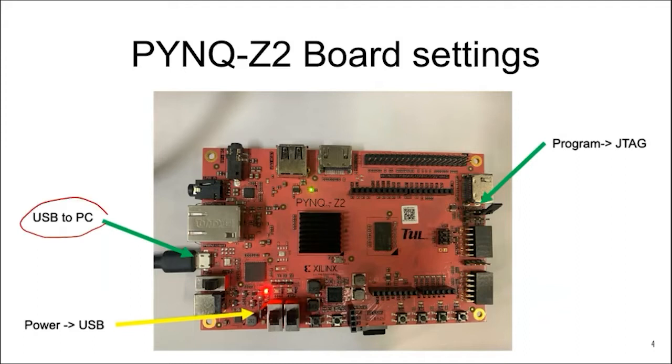That's for sure. But you have to set the programming setting here. It's a jumper to JTAG mode. Okay? And I suggest you set the power supply to USB. Then you can do the next design.